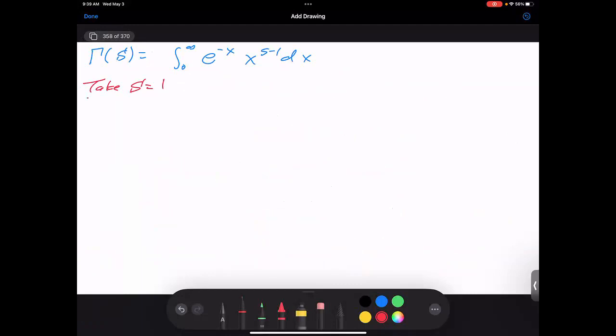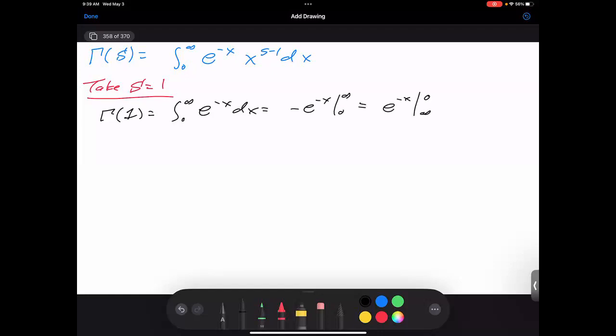So if you take s equals 1, you've now got gamma of 1 is the integral from 0 to infinity e to the negative x dx. That's just negative e to the minus x at 0 and infinity. I get to flip the order of integration with the minus sign, and I just get 1.